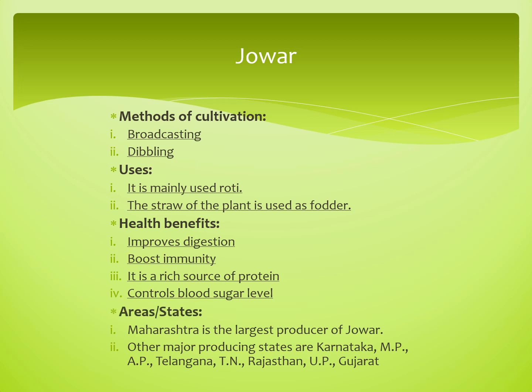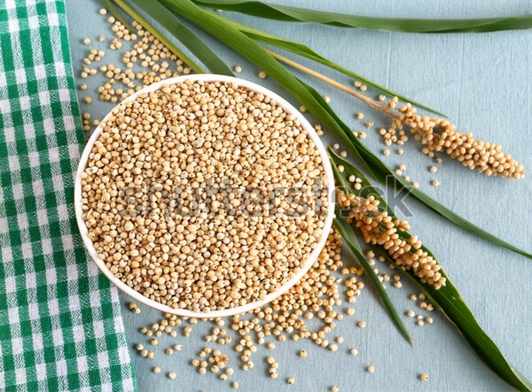Now have a look at the areas where we find jawar. Maharashtra is the largest producer of jawar. Other major producing states are Karnataka, Madhya Pradesh, Andhra Pradesh, Telangana, Tamil Nadu, Rajasthan, Uttar Pradesh and Gujarat.